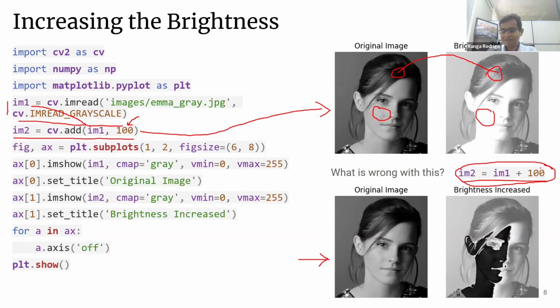Features will be erased. Shows values greater than 255 as black. Other answers?